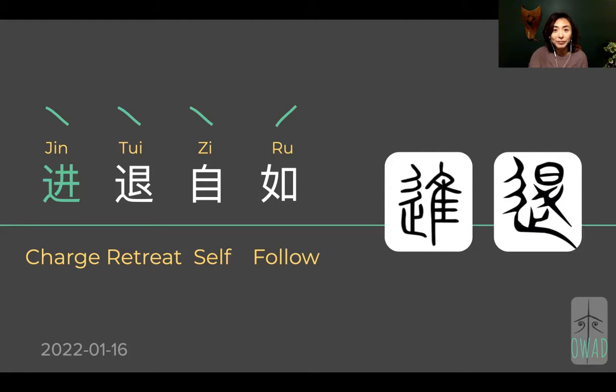Okay, so 退. Well, this is the form that I can get, but according to some researchers' interpretation, there was another form of this 退 word. That means this symbol here, which is not this, this looks like this, right? This is the current simplified version.